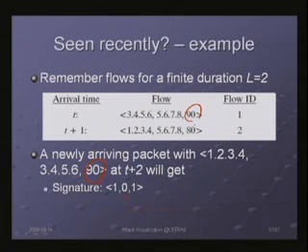This kind of collision in different flows is quite rare for IP addresses, because the IP space is huge. It's 4 billion addresses, so the probability is quite low. But for destination port, it's only 64K, so the probability is quite high, especially because there are frequently used port numbers like 80.